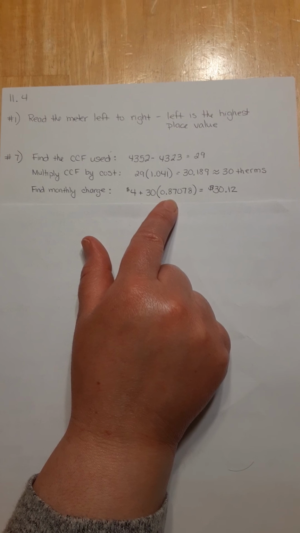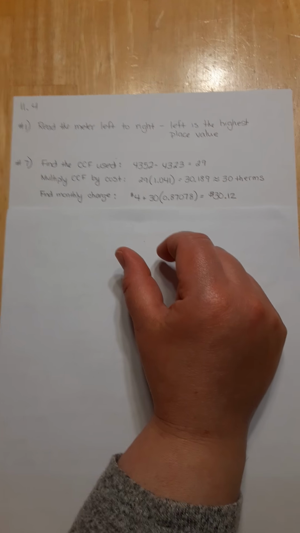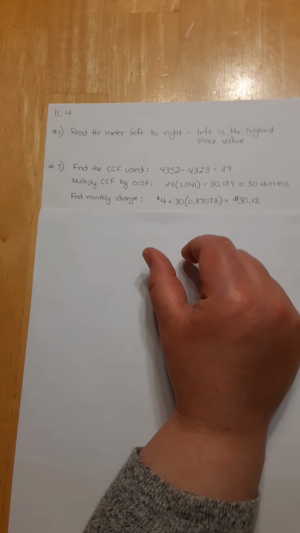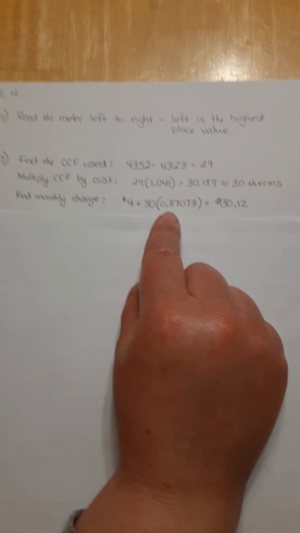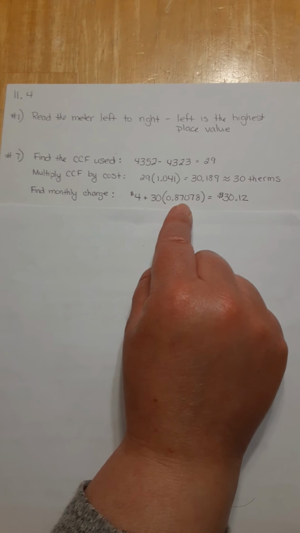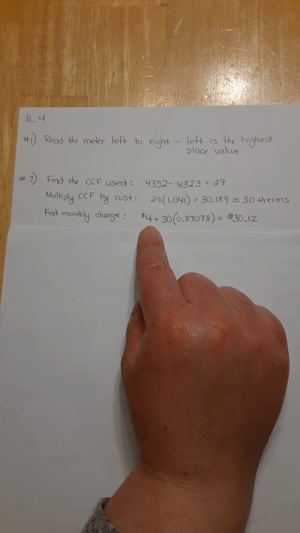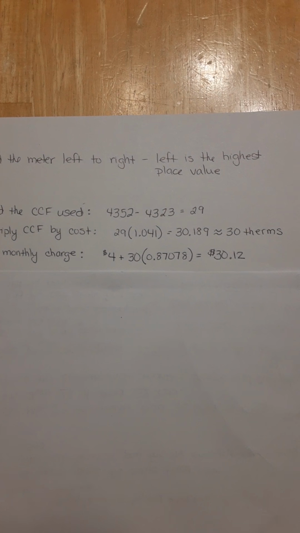So looking at problem 7 here, our account number is 1492-01. So I knew that it was a year round customer, so I needed to use that total. That's how I got the 0.87078. Go ahead and multiply 30 times that, add the $4 user fee, and that's how much they spend per month.